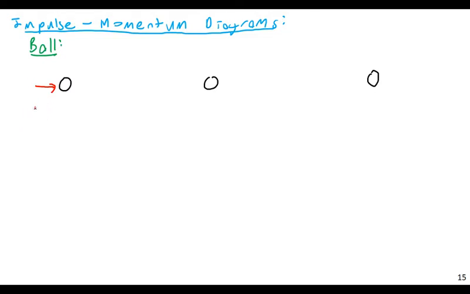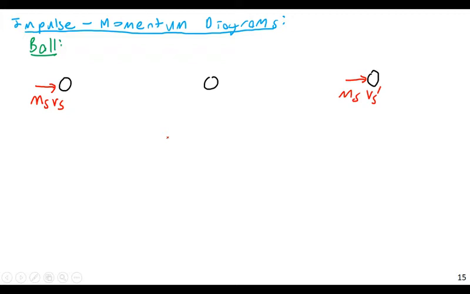So I said that this thing originally had speed vs, so I'm not going to label its velocity, but I'm going to label its linear momentum, which is msvs. Then its final momentum will be msvs prime.